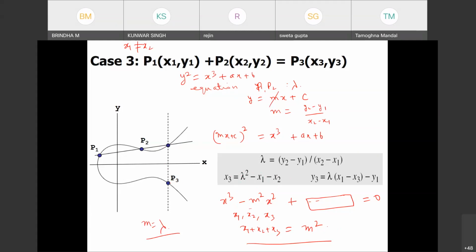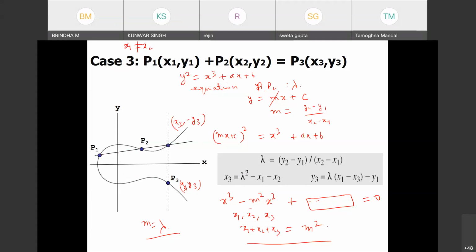Now you have to find y3. You have x3, and this point is x3, y3. The conjugate point will be x3, minus y3. Now the slope of P1 and P2 is the same as the slope of P1 and this point, since they are the same line.